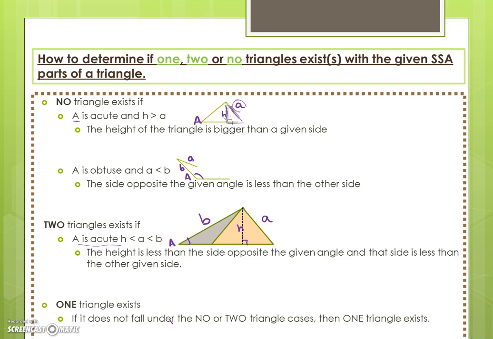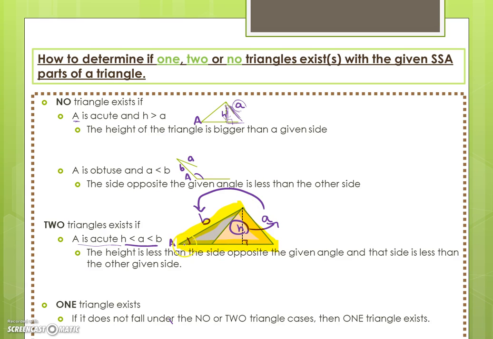So we have two triangles. I'll highlight the first one. One possible triangle would be this big triangle right here, as I've labeled it. And that occurs when your height is smaller than your A, and that's smaller than your B. Specifically, your height is less than this side that's opposite your given angle, and that's less than the other side that you're given. If that's the case, then two triangles occur.